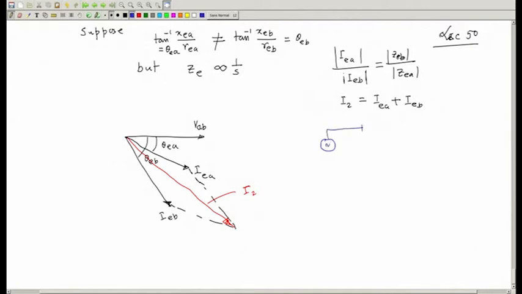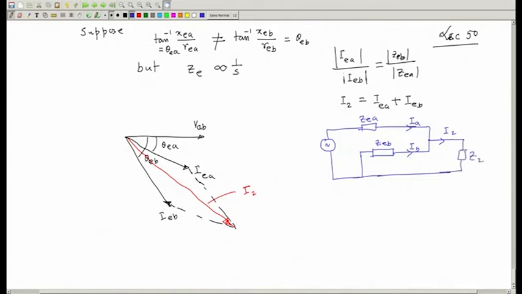This is your ZDA, this is your ZDB, these two are in parallel, this is your I2, this is your IA, this is your IB, and here is your secondary load Z2.